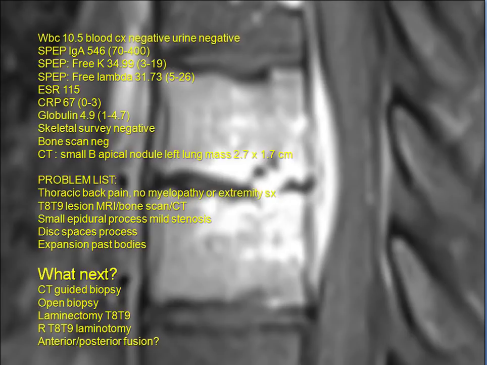ESR and CRP are probably the most sensitive. And if he's responding, continue to watch him with weekly labs. And if he doesn't respond, go in and decompress. Basically treat it like a tumor procedure. I go from the front, pick up the infected disc, evacuate the epidural abscess.